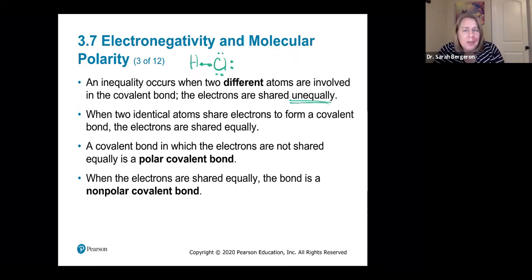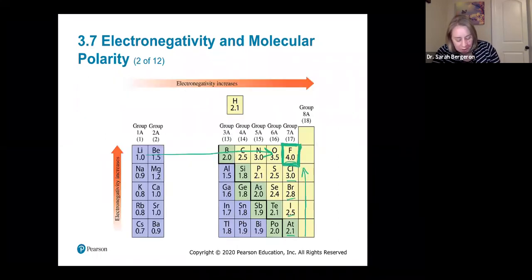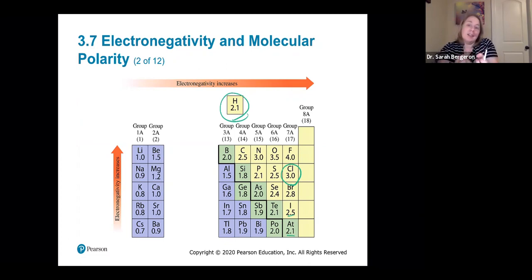But are they sharing them equally? Well, if you look on the periodic table at chlorine, if I could erase some of this, right? We're looking at chlorine and we're looking at hydrogen. They have different electronegativity values. Chlorine has a higher electronegativity value than hydrogen. So chlorine is going to be greedy and is going to take the electron and keep the electron closer to itself than to hydrogen.